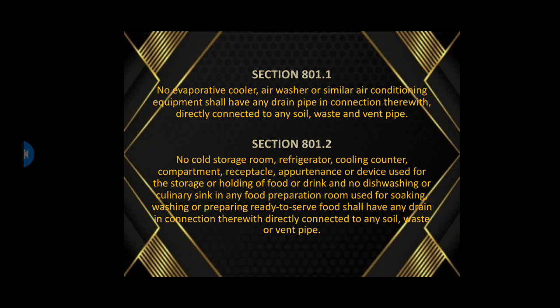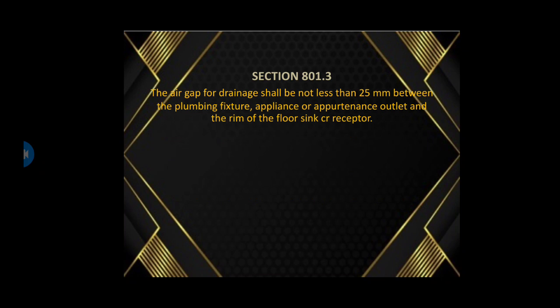Cooling and air conditioning equipment may be separated by an air brake, but all food equipment shall be separated from the drainage system by a full air gap. Section 801.3. The air gap for drainage shall be not less than 25 millimeters between the plumbing fixture, appliance, or appurtenance outlet and the rim of the floor sink or receptor.